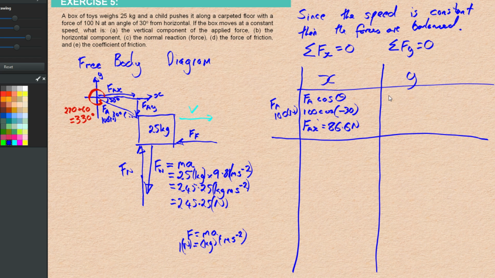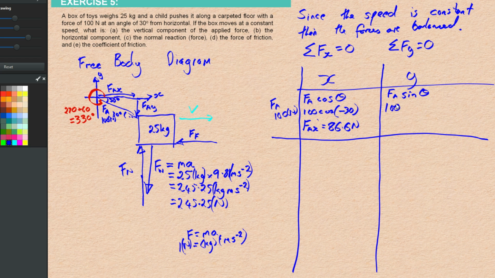Now do Fa in the y direction. Fa sine theta. Again, theta will be the same numbers I've used over here. So my Fa will be the same size, my angle will be the same size. The only difference is I use cos and sine in different spots.